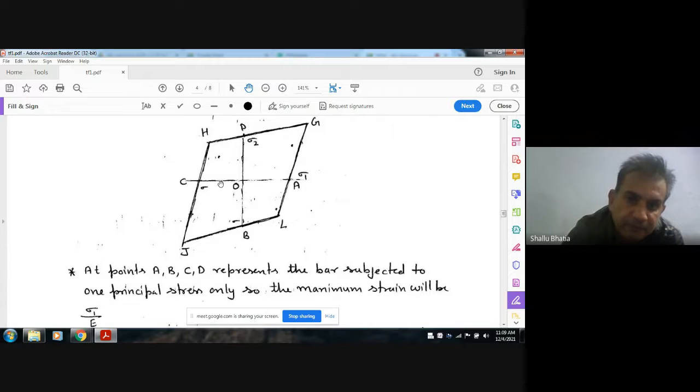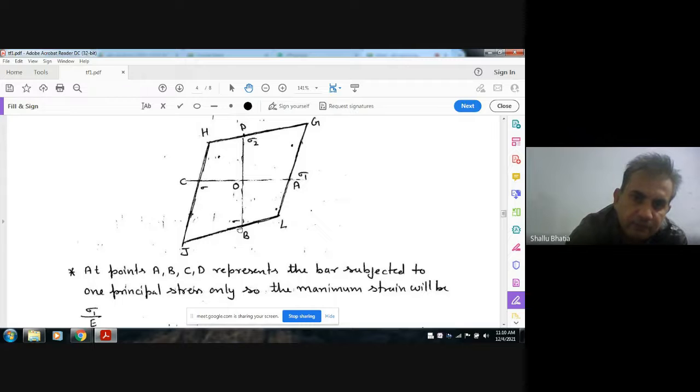Similarly, for point J, both sigma 1 and sigma 2 are negative. So J should be like this. One of the stresses will be more than the ultimate stress, because here sigma 1 is increasing the length and sigma 2 is decreasing the length.